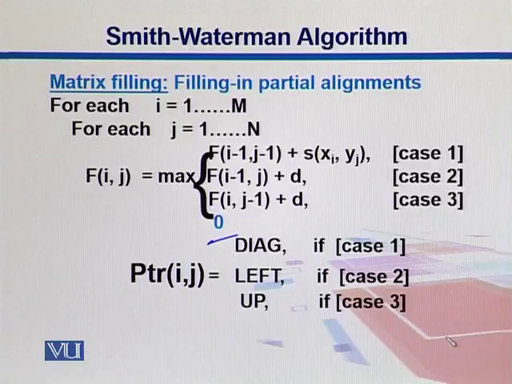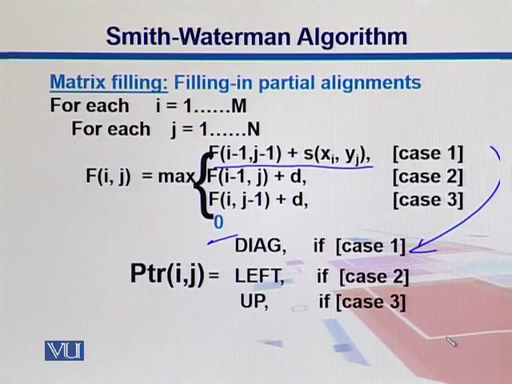We have i minus 1, j minus 1, that is the score coming from the diagonal, case 1, and the pointer will keep track of it. Case 2 is where it's coming from the left, and case 3 is where it's coming from the top. One more thing we have incorporated is that whenever your score becomes less than 0, it will pick up the 0, because any negative score is less than 0.